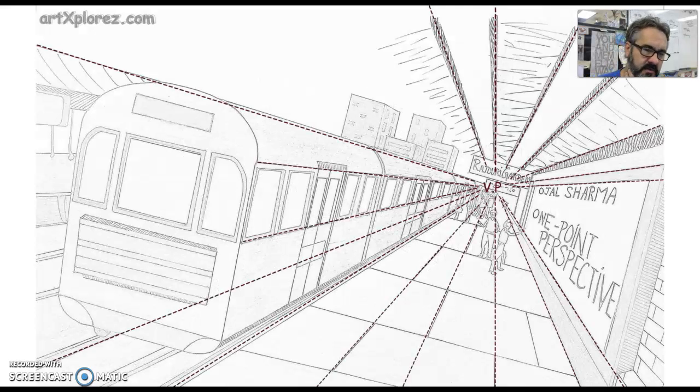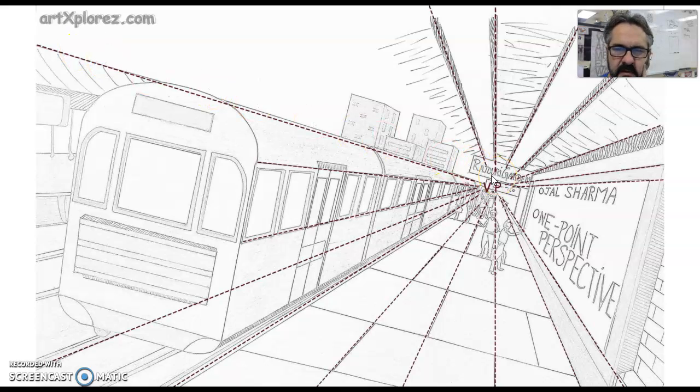This is an example to show that your perspective drawing does not always have to be the straightforward horizon line across the center. This person drew their horizon line at an angle.